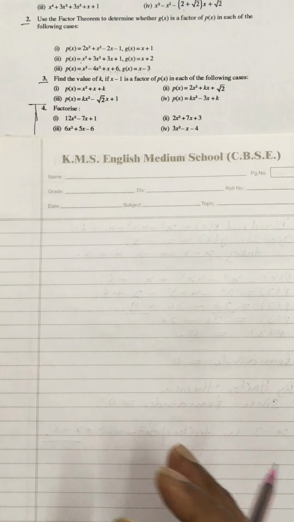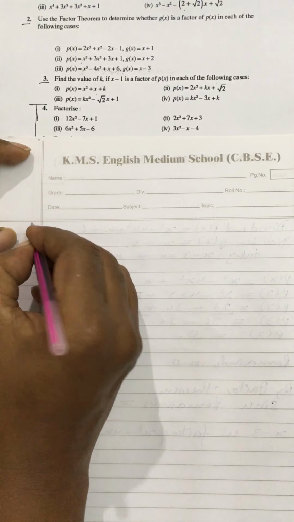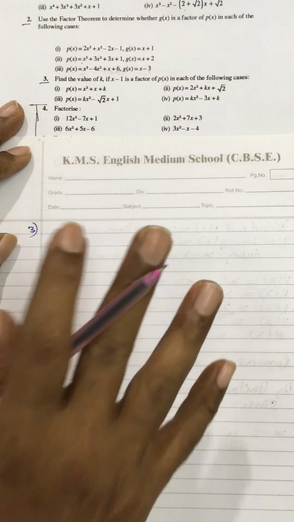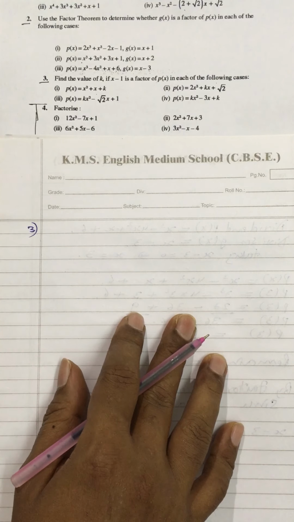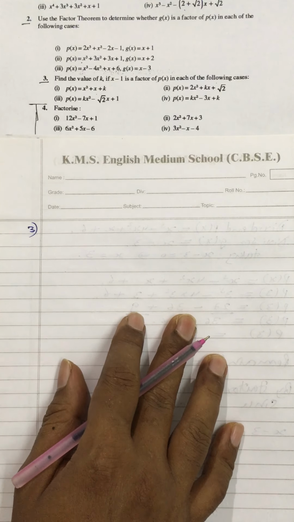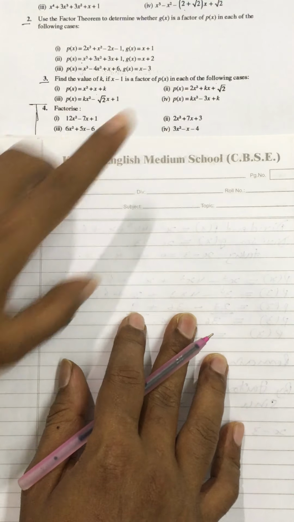Question number 3 is also of the same sort, my dear students, but the thing is slightly we are coming in the opposite fashion. Here, see in this question what they are given, you have to understand this. Find the value of k if x minus 1 is a factor of p of x in each of the following cases.